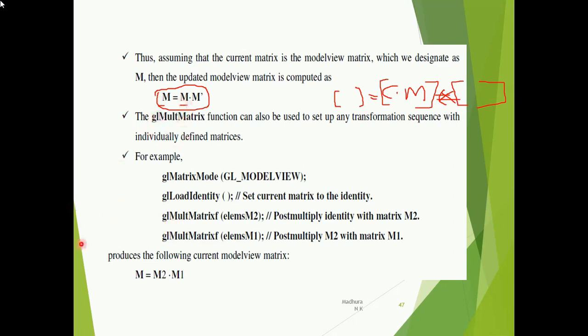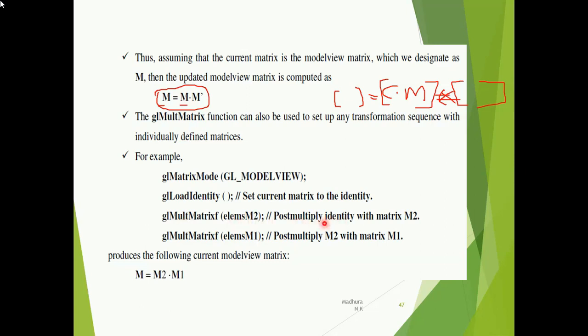Suppose in sequence, take an example here: glMatrixMode with GL_MODELVIEW, the model view matrix we are going to consider here, and then we call glLoadIdentity. Now your current matrix is set to the identity matrix. Now this identity matrix has to be multiplied with certain elements.